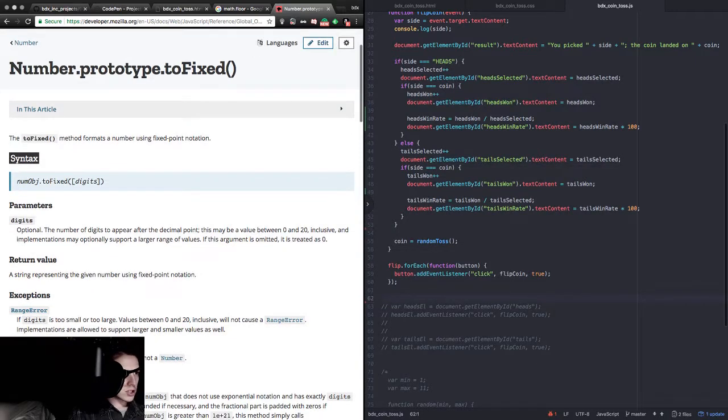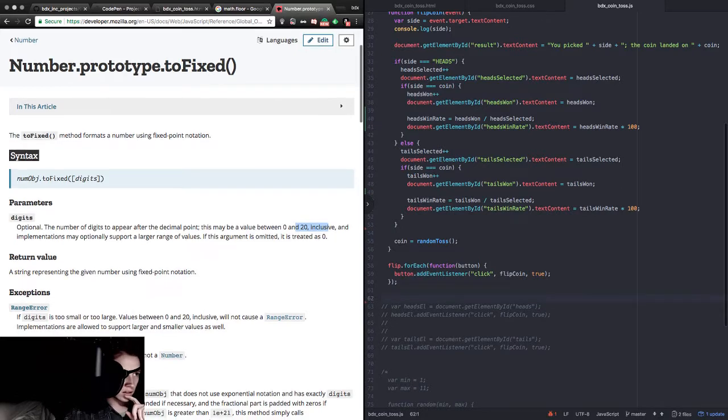Digits, optional. The number of digits to appear after the decimal point. Well, that's exactly what we want. Number object.toFixed(digits). Value between 0 and 20 inclusive. Inclusive. Oh, it can have 20 digits. Nice, nice. Not just stopping at 19. Very cool.